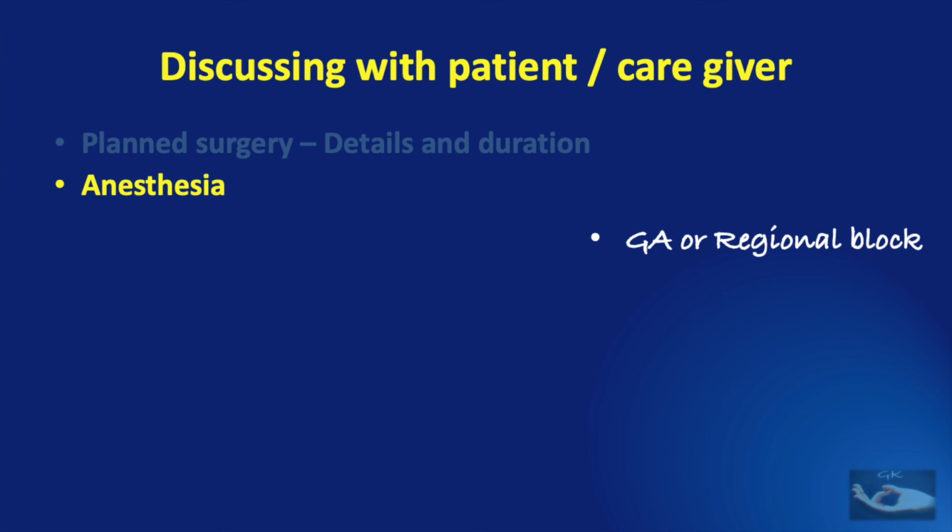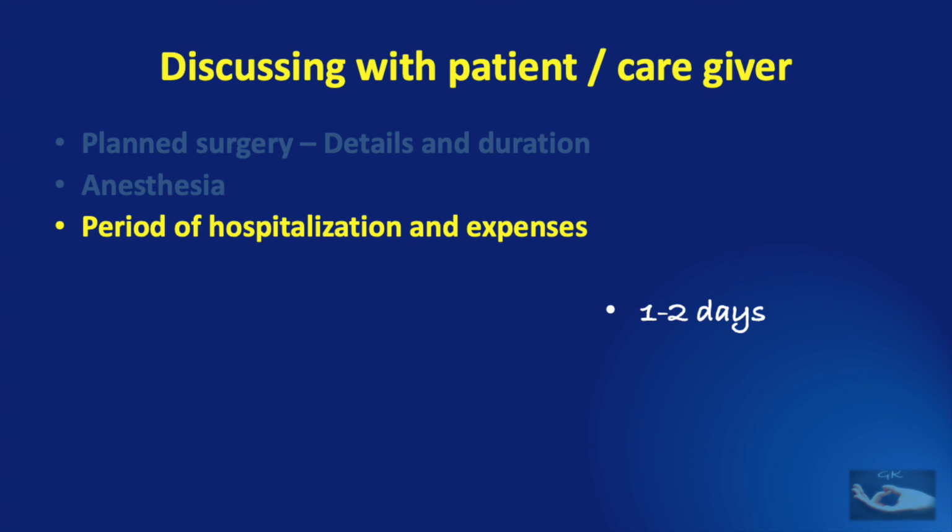The next point we need to talk about and discuss with the patient is that the procedure would be done either under regional block or under general anesthesia, and ask the patient's preference also, as it would help in the comfort of the patient. The period of expected hospitalization and the expenses that may be incurred should also be discussed.